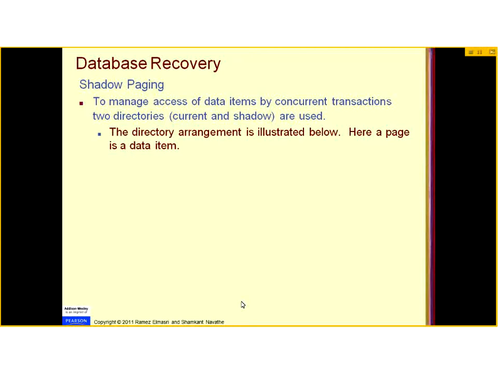The current directory records where you have placed the current contents on the disk, and the shadow directory keeps the record of the original, not updated content.